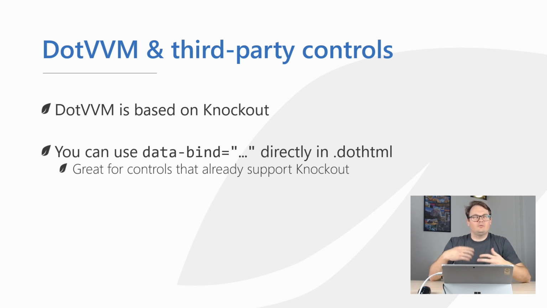When you have a view model in C# and it gets serialized and sent to the client, the DotVVM library builds a Knockout.js view model in the page, and it works as normally as if you were using Knockout.js directly in the HTML. So you can use data-bind syntax within the HTML markup without any issues, and it should work.